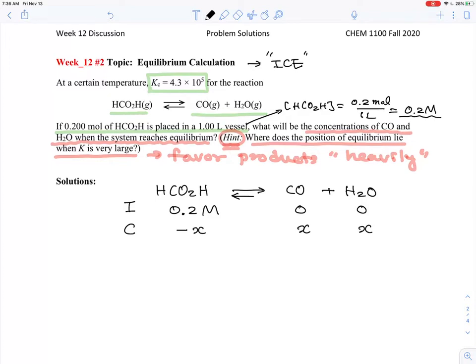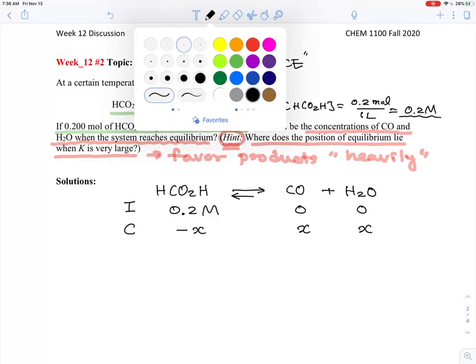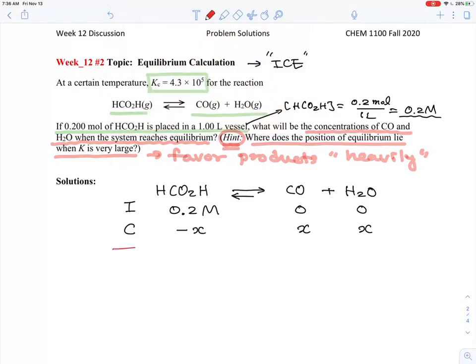Okay, so this is a moment that you need to make a stop and think about the meaning of what this X means. Usually for the approximation, I want X to be very small. But here, it is not small, right?